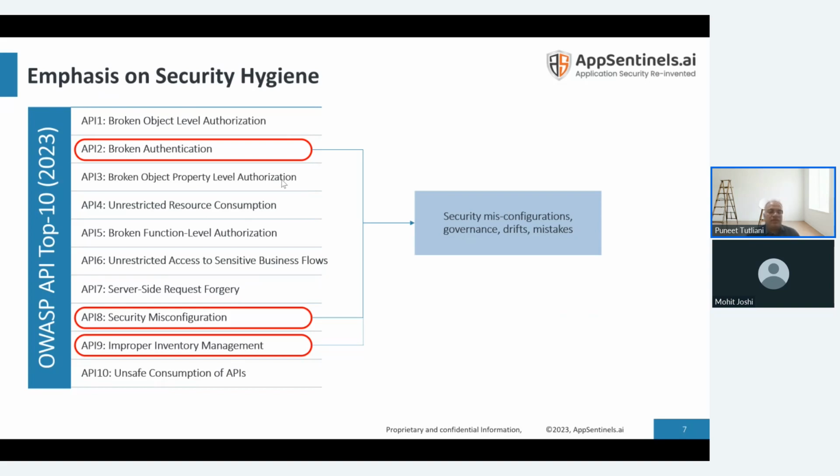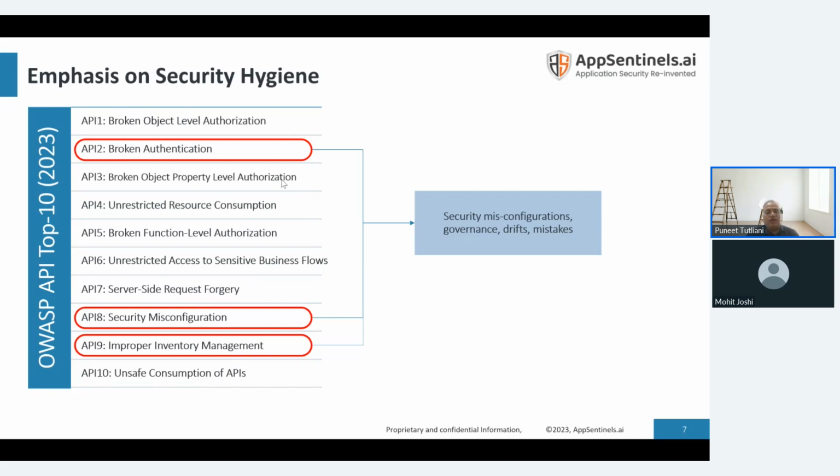Similarly, the misconfigurations where certain settings are not properly set, maybe TLS is not enabled, or cookies are not properly secured, or JWT is not properly signed. All of these are basic misconfigurations that can happen because of developers' mistakes and other reasons.